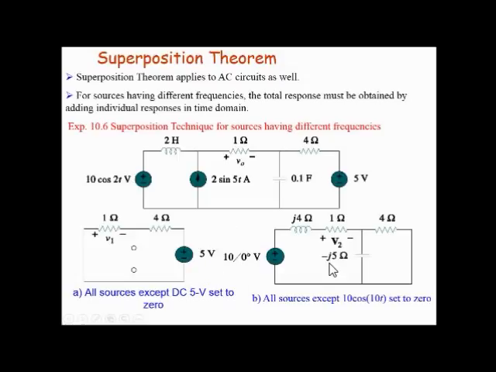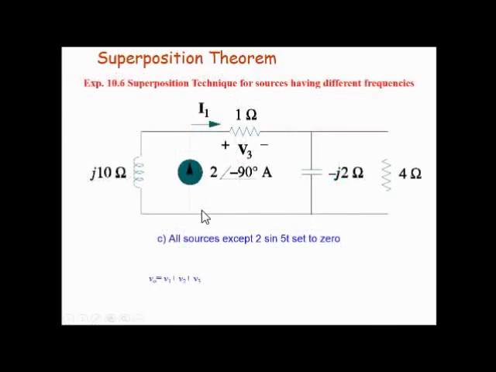Similarly, in the next part we'll deactivate all of the sources except 10 cos 2t. Now in the third part we'll consider only the current source and deactivate the rest. After doing these three analyses, we will find the required current or voltage in the 3 different circuits, and we'll find the total resultant of the circuit.